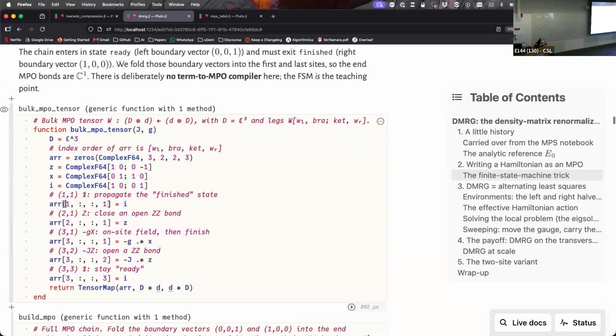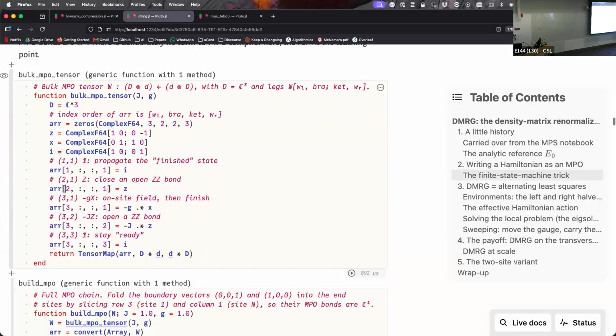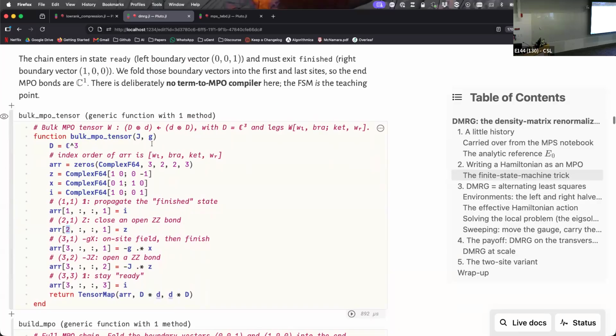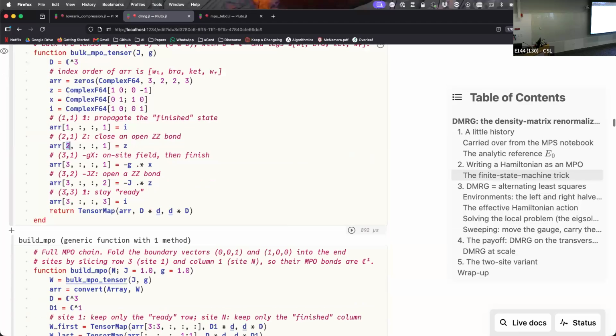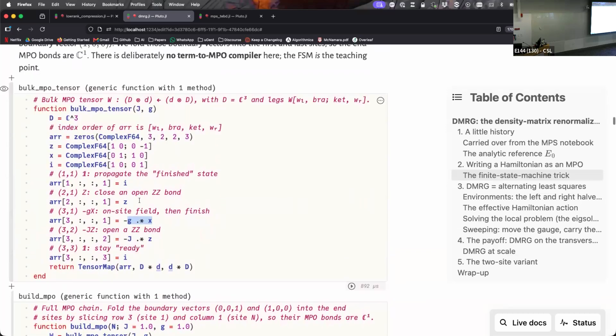So I'm saying that the first row and the first column will act on the physical two-dimensional space via the identity, and you can see here that I've inserted the identity matrix. Similarly, the second row and first column, if we recall, has to be a Z. The third row and first column has to be minus g times an X operator, and then we fill in all of the remaining things to create the tensor.